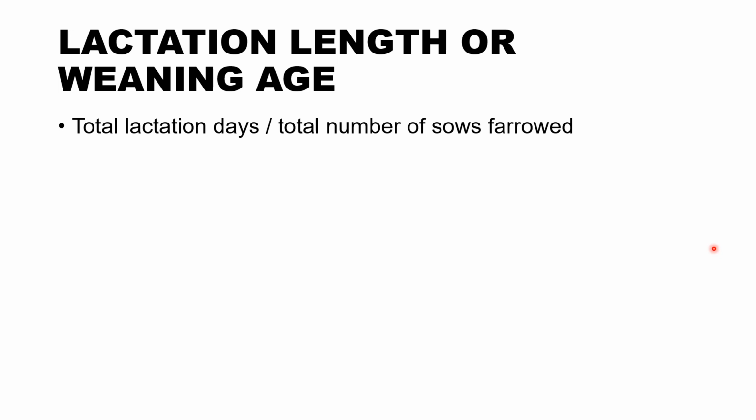Let's assume your lactation length is 30 days. After those 30 days, you can wean the piglets. The days the weaned piglets were nursing is also their weaning age, so their weaning age is also 30 days. That is why lactation length and weaning age are the same.